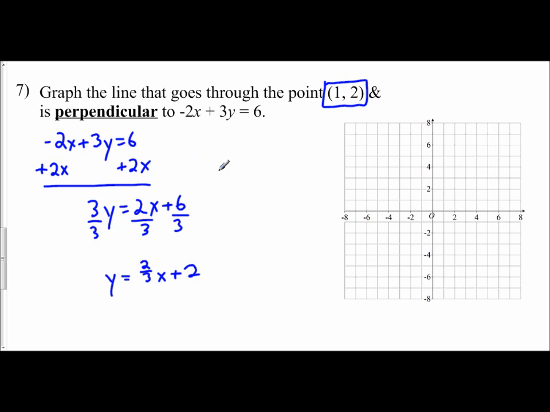And so I'm looking at being perpendicular to the line represented by the equation y = 2/3 x + 2. And so remember, perpendicular means that your slopes are opposite reciprocals.